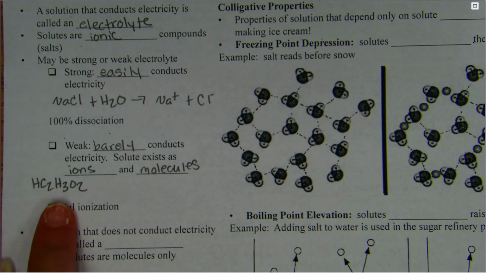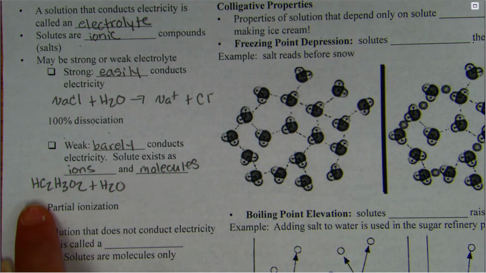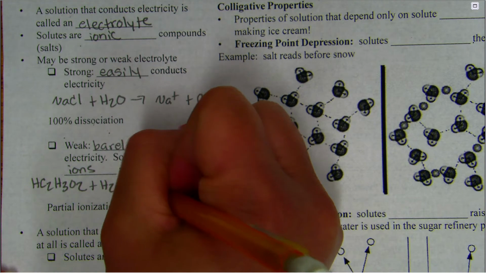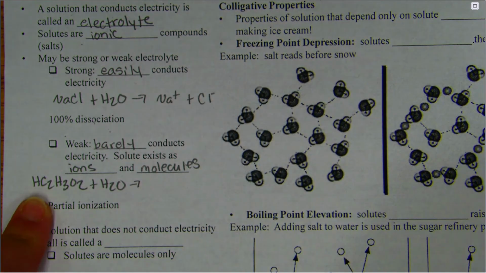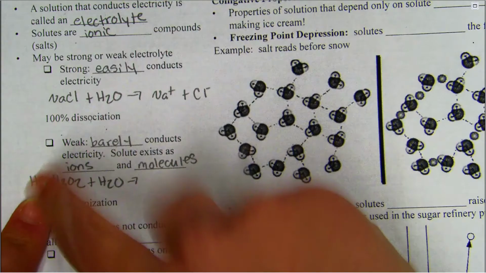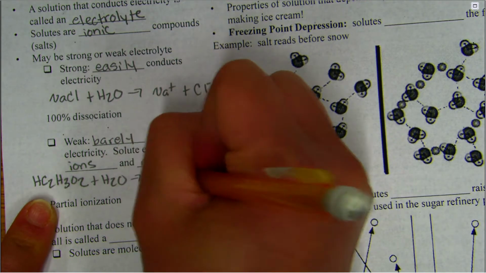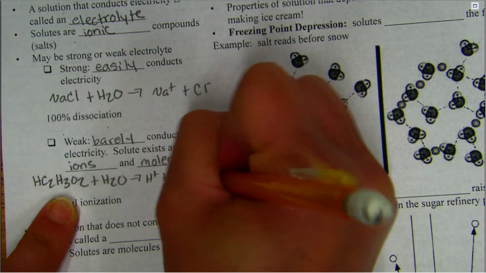Here's our formula for acetic acid, which is vinegar, HC2H3O2. Now, when I put this in water, vinegar is a weak acid. So it breaks apart into its ions partially. We have this hydrogen ion, H+, and we have some acetate ions.